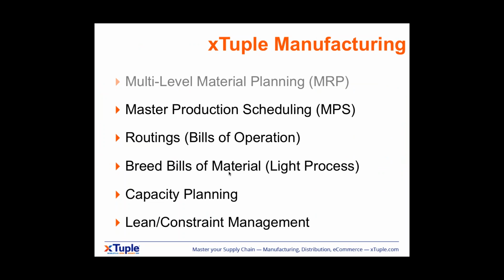Again, the master production scheduling is a very similar planning engine, but it allows you to add in a forecast. So if you've got an idea for how much you think you're going to be making over a scheduled period of time, over a quarter, a number of quarters, and you want to provide some additional visibility, perhaps you've got a long lead time key component or several key components that are long lead time items.